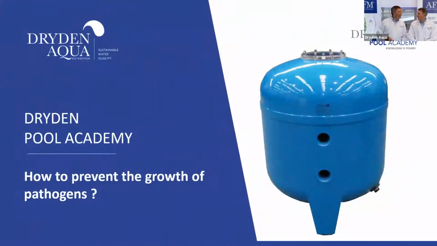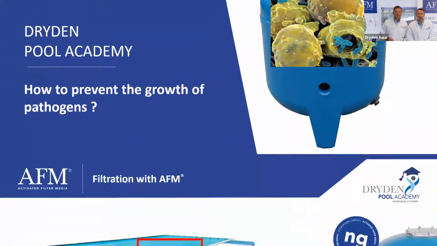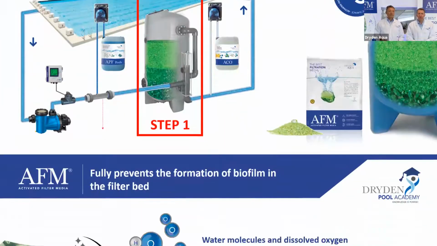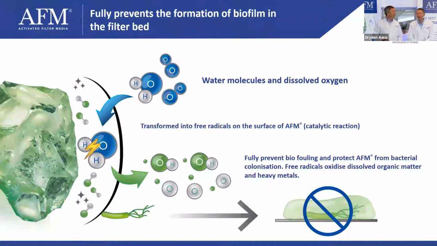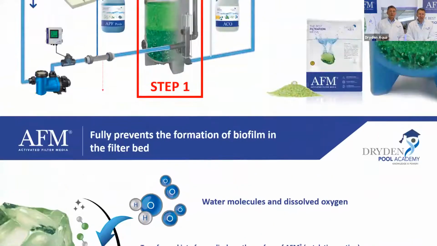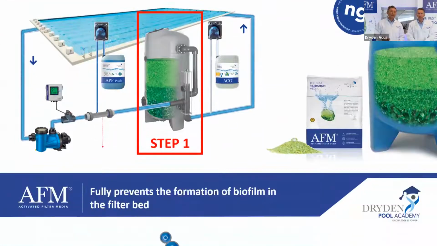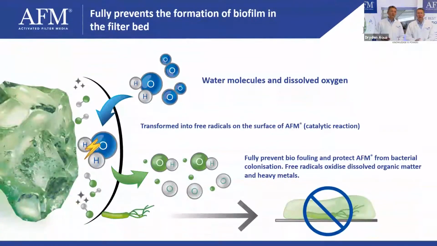All right. So what can you do to prevent the growth of pathogens? Number 1, use a filter media that is resistant to biofouling. Ideally, AFM-NG. If I can give you a recommendation, we know that's really bioresistant, that works well. Remember how it works on the surface of the AFM grain.